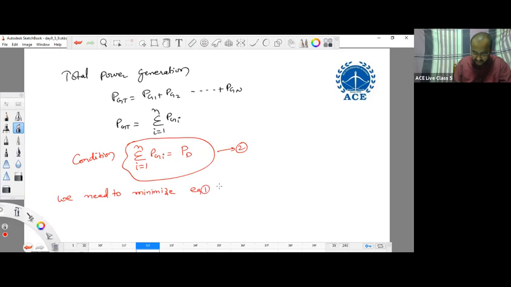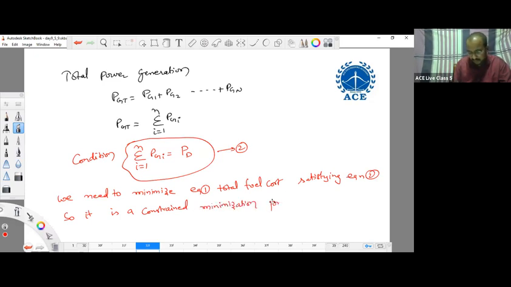We need to minimize equation 1, that is total fuel cost, satisfying equation 2. So it is a constrained minimization problem.